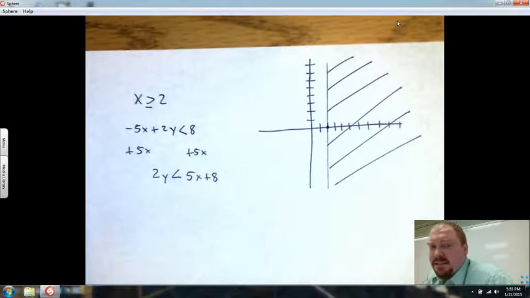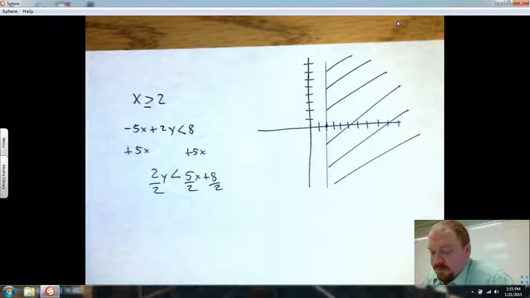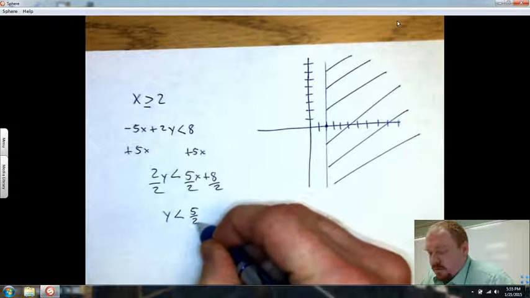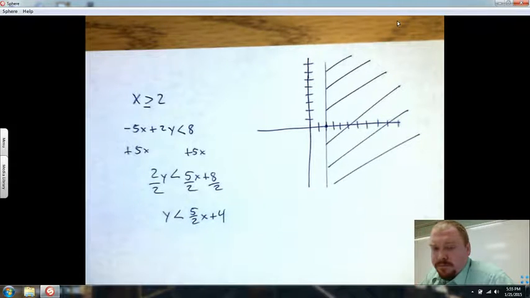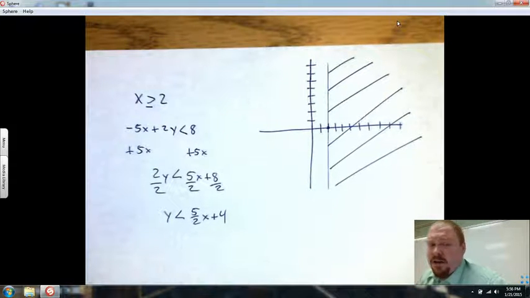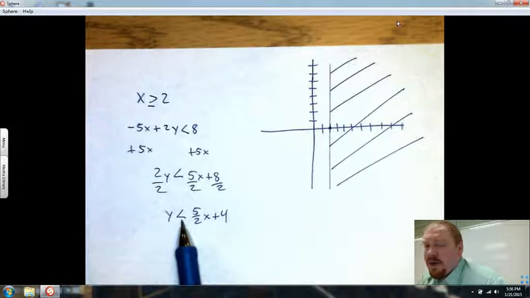Then I'm going to divide everything by 2. So this is really what I'm graphing. Now, remember, if I had divided by a negative number, I would have had to reverse the sign. So let's see what we get.